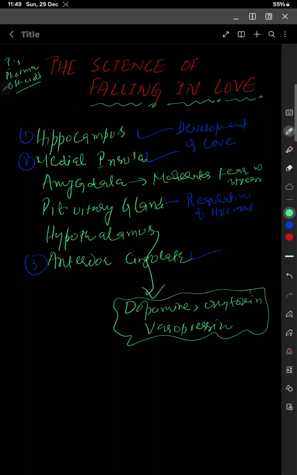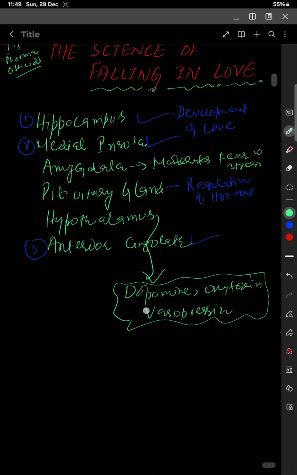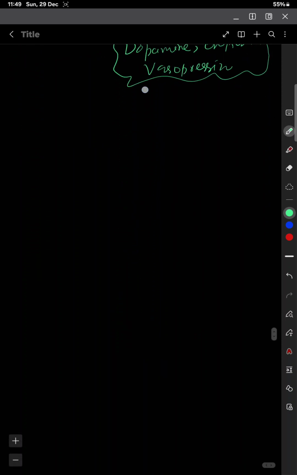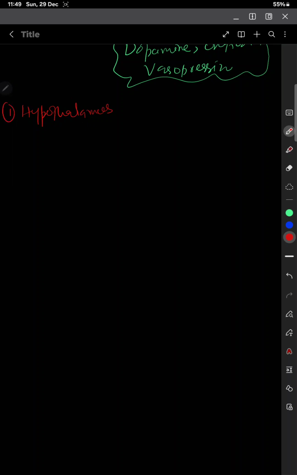Now I will try to explain step by step how a person falls in love. The first step is the hypothalamus, which releases dopamine into the body, and it causes the feeling of ecstasy and excitement.